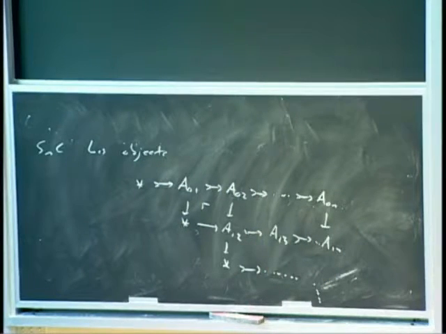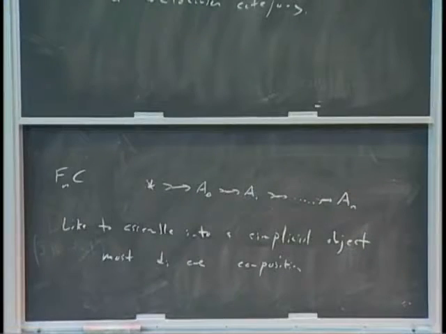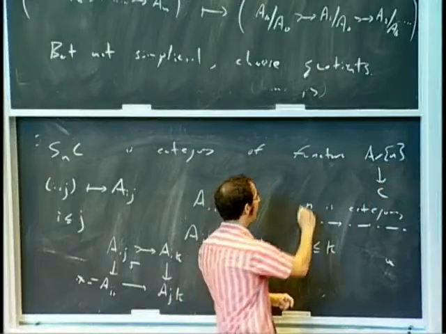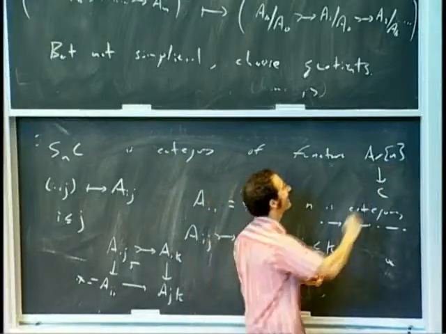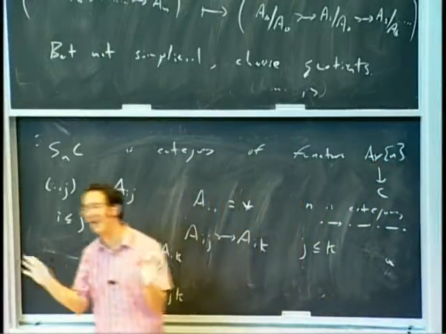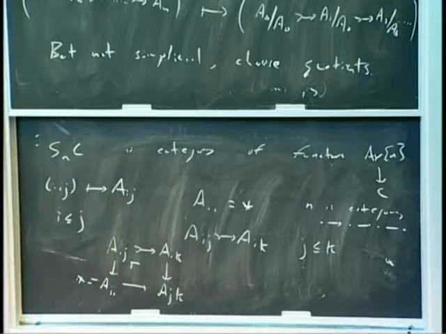So n is the category. It looks like this. It's got n objects, and the arrows come from the less than relation. This is arrows in n. Sorry, I apologize for my handwriting. I just mean the arrow category.